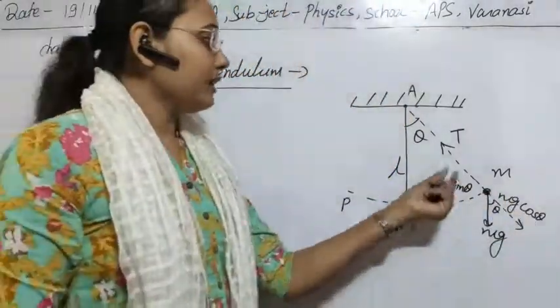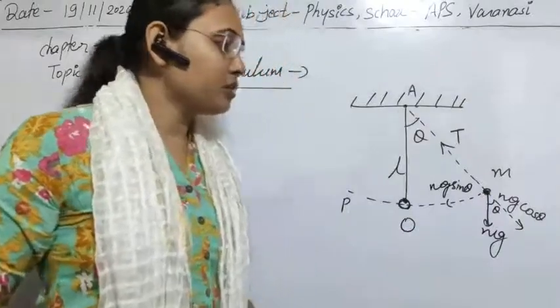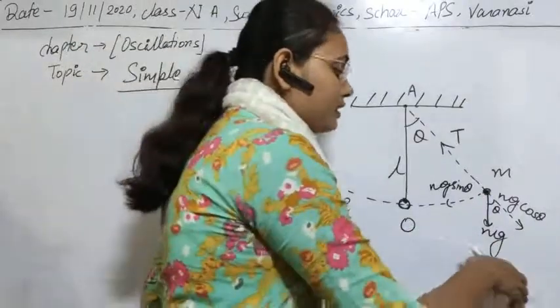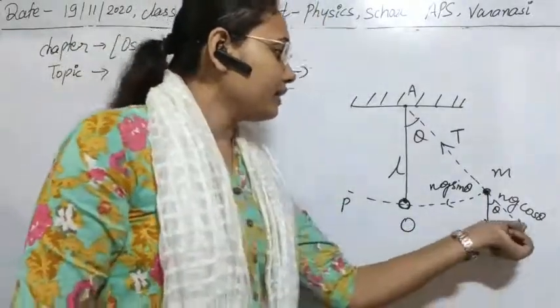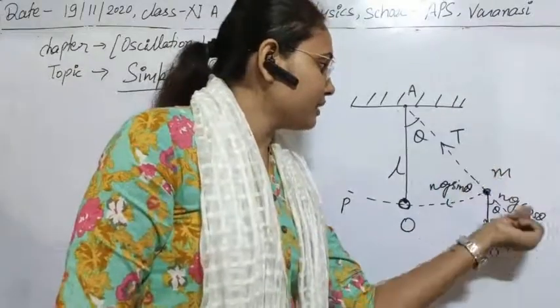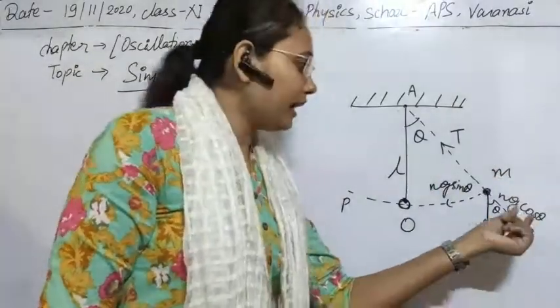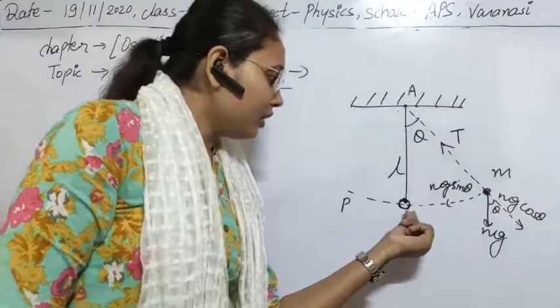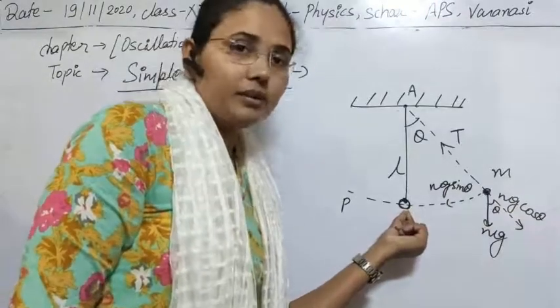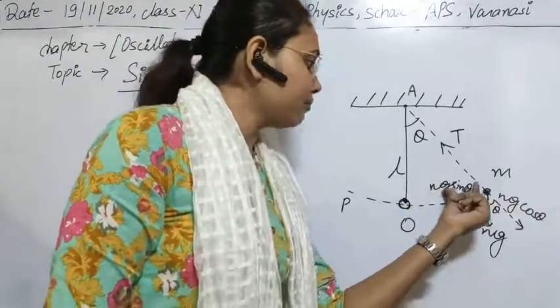So you can see that there are two forces due to this weight. One is opposite to the direction of tension, that is mg cos theta, and one is in the direction of the equilibrium position or mean position, that is mg sin theta.